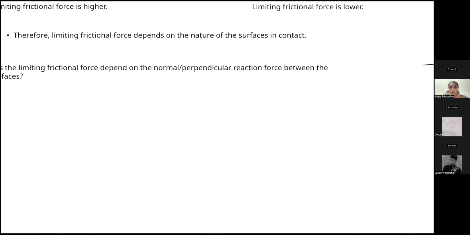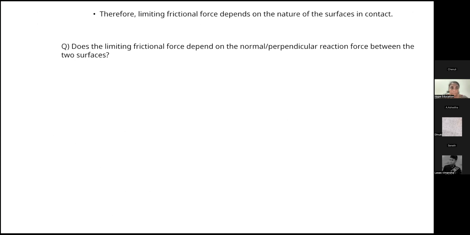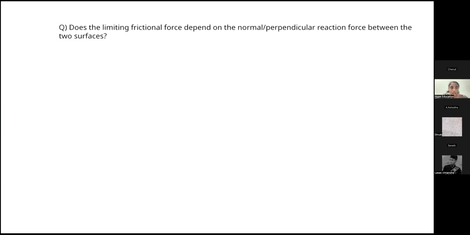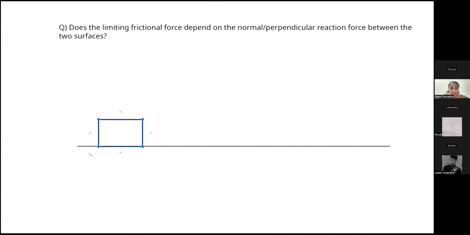Now let's talk about this particular instance. Now we have a table surface, right? And we have three identical wooden blocks. එකක් තියෙනවා.